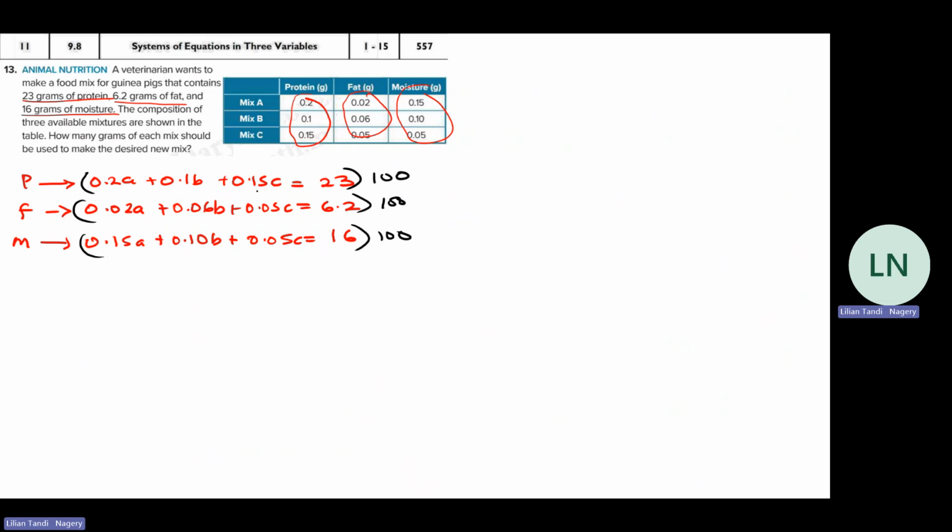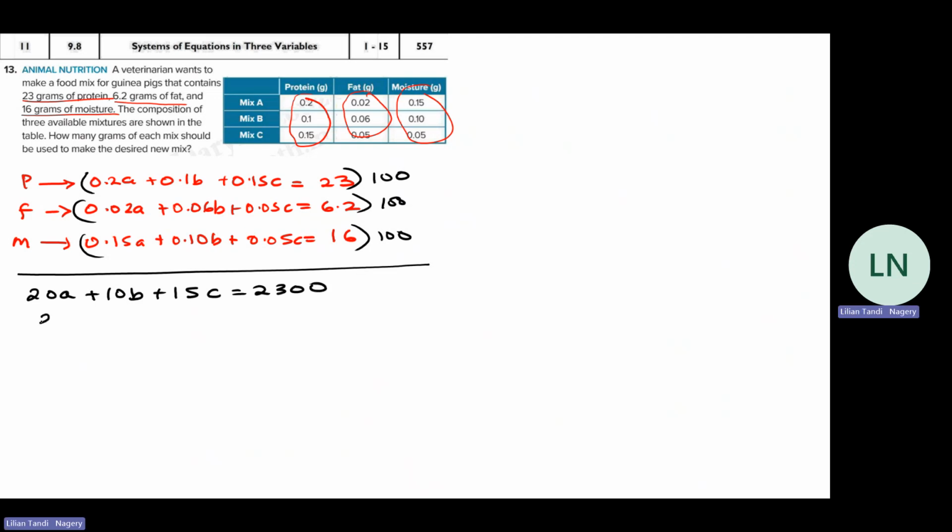Here I have hundredths. See? Remove those decimals. Now I have my new equations. Okay? My new equations will be 20a plus 10b plus 15c equals 2300.